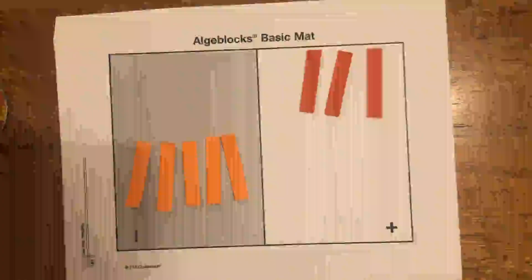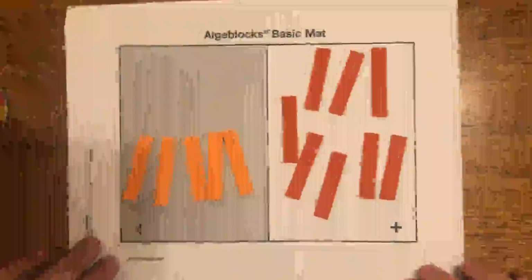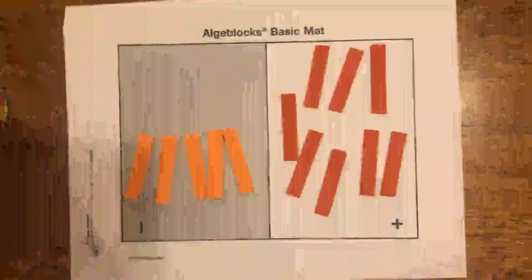Since we put 5 on that side, we've got to put 5 more on the other side. And now we've got to take away -5x. So we take these away, and that leaves us with 8x, making our answer 8x.